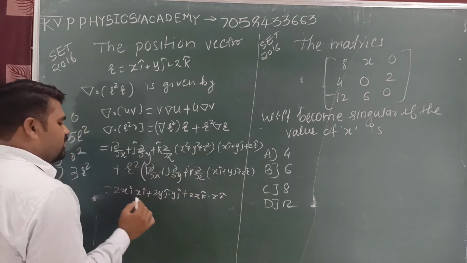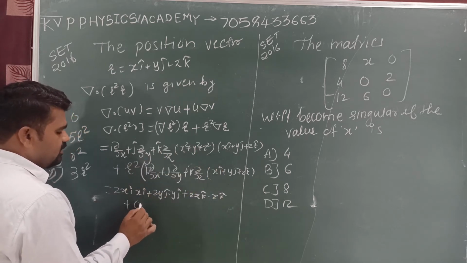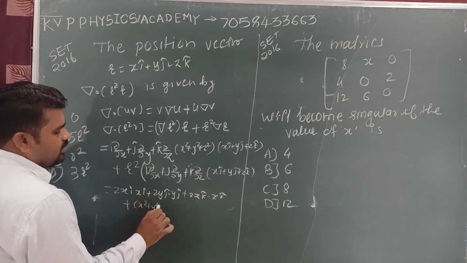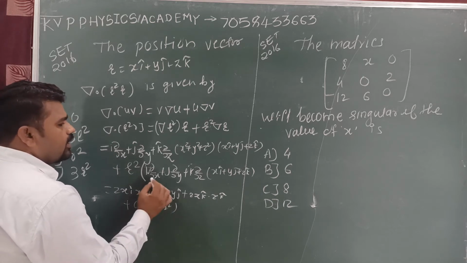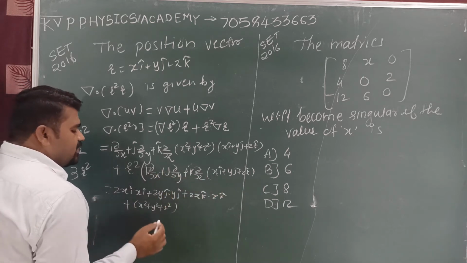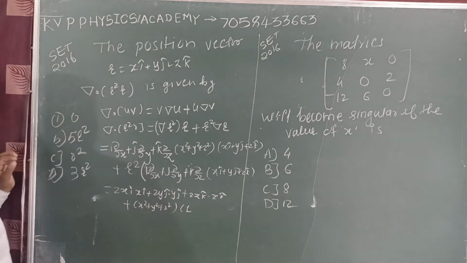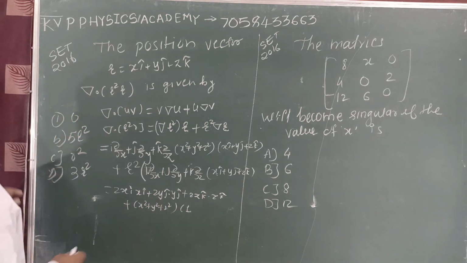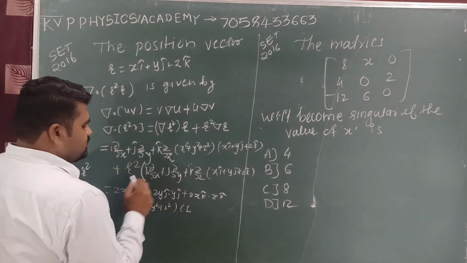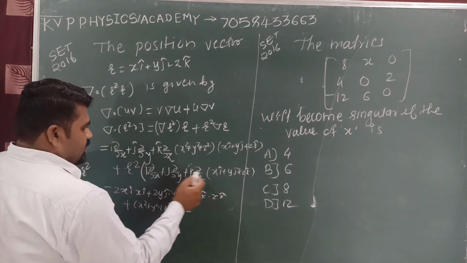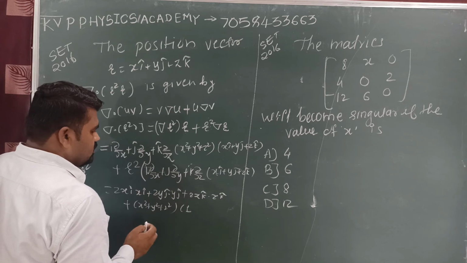This one is the first part. Second part, plus r square is nothing but x square plus y square plus z square. Okay, and what is this? X derivative with respect to x, 1.